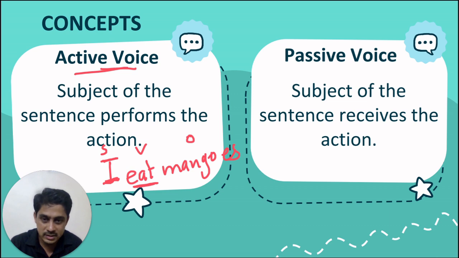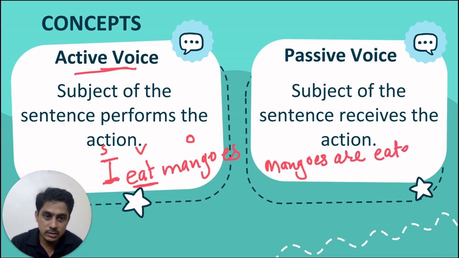Look at another sentence. Mangoes are eaten by me. Who is the subject of the sentence? Eaten is a verb. Who is eating? Me. So me is subject in the sentence.